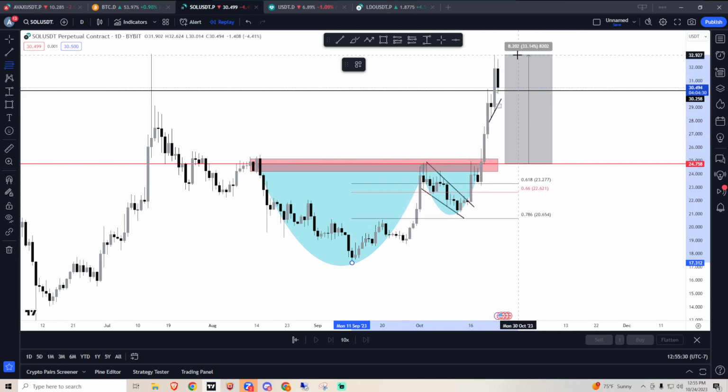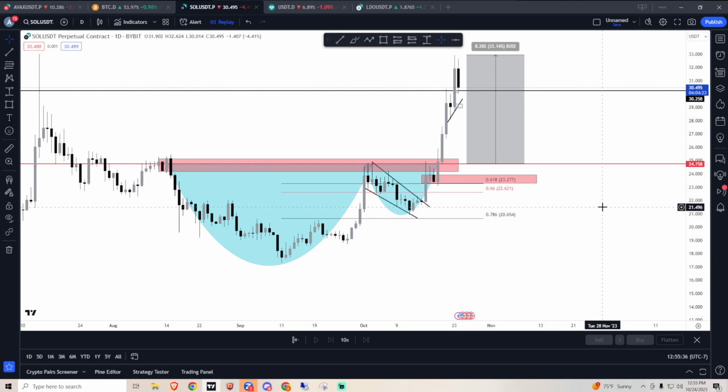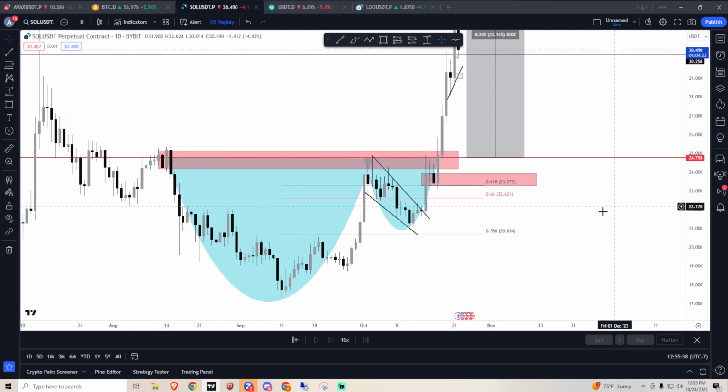Well, a great entry would actually be the supply zone. It's going to be at the 0.61 fib. How did you draw your fibs?